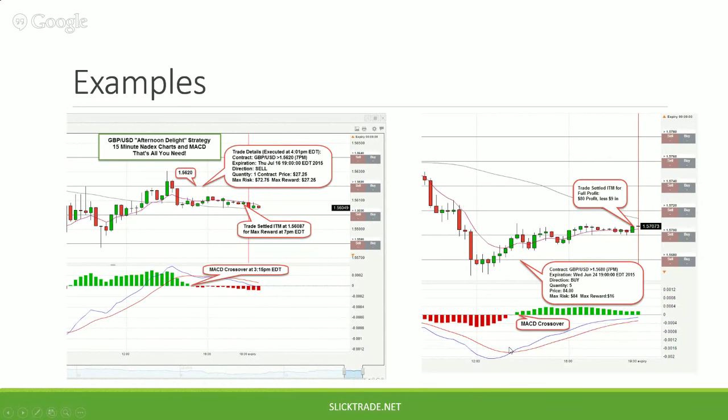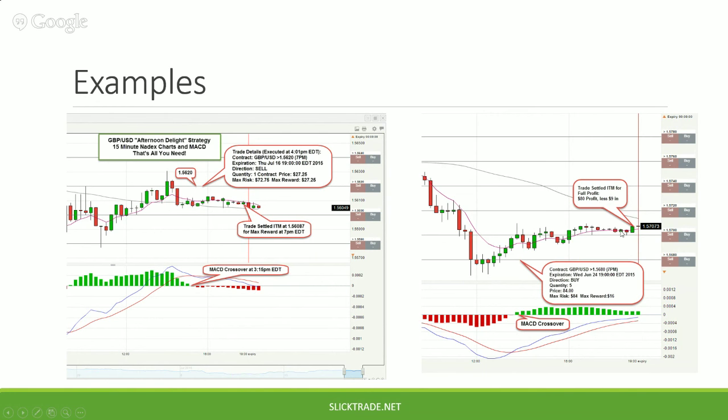Over here, we have another example. The MACD cross occurred here, okay? See it right here. It was in a sell position, and it was going into a buy, okay? So here's the cross right there. And if you notice in this example as well, for the next hour, price came down some. So you could have got a better price on that.